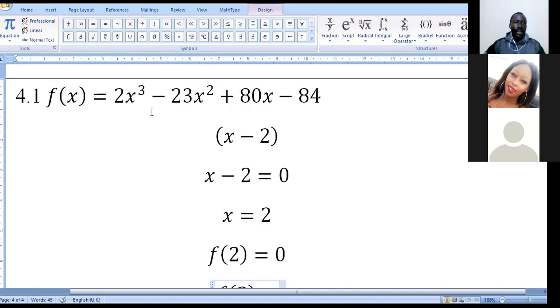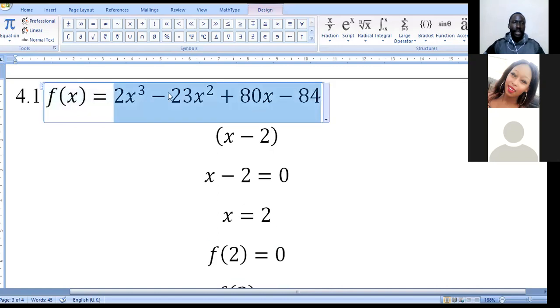This is where we have to substitute 2 for x. Where there is x, we write 2. So let's copy this; that would make things a little bit faster.